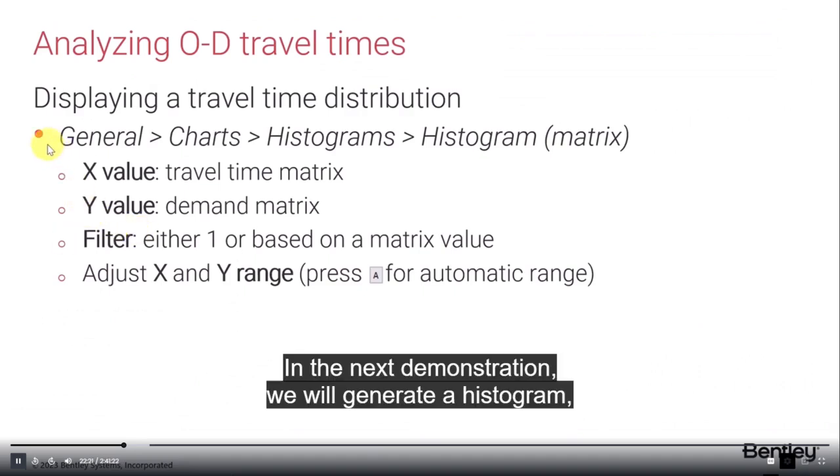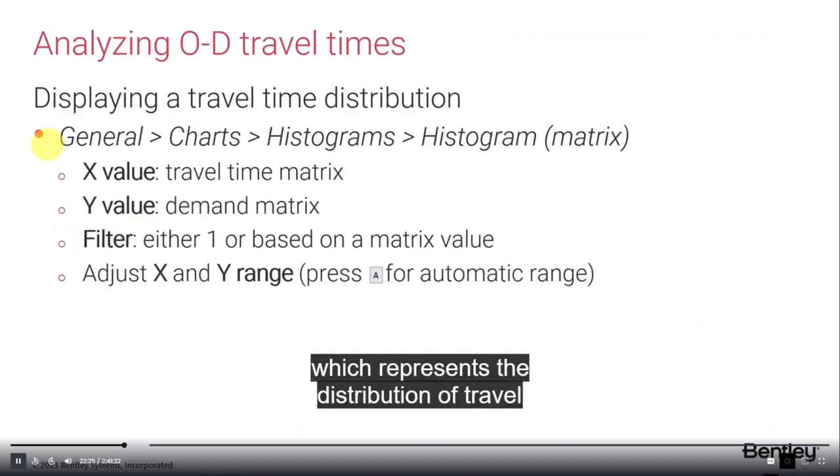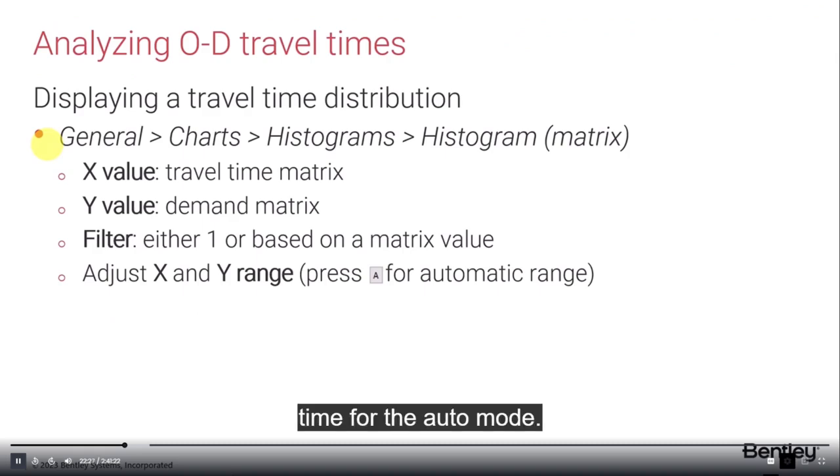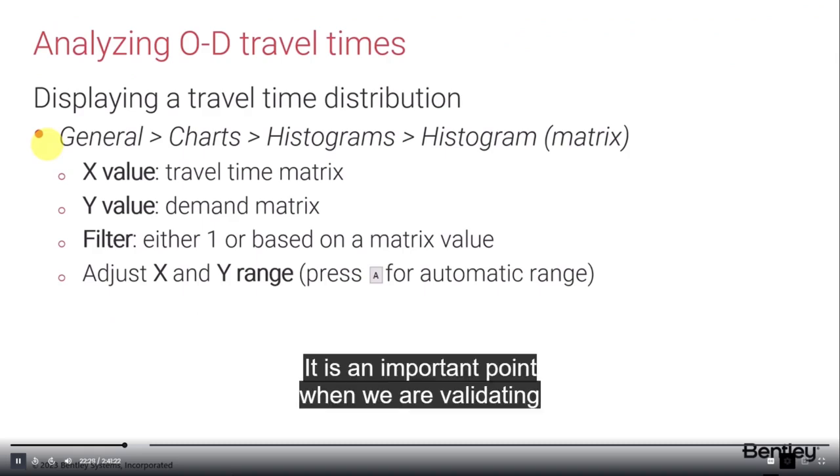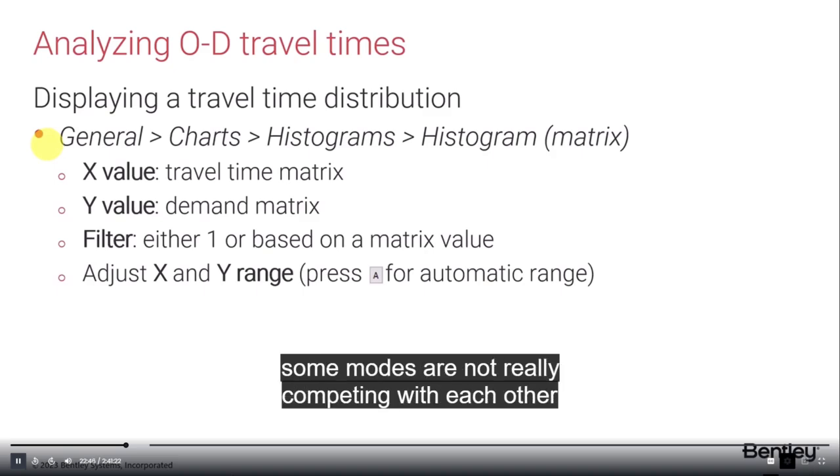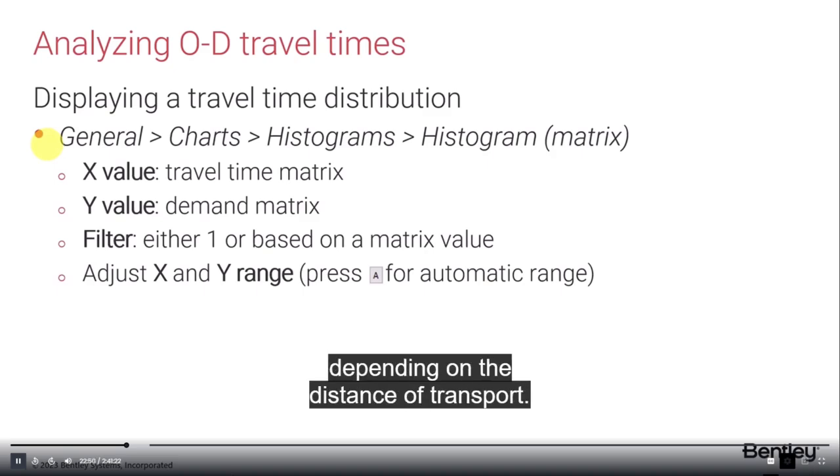In the next demonstration, we will generate a histogram which represents the distribution of travel time for the auto mode. It is an important point when we are validating that our model is giving useful results, because we know that in the market of transportation, in the market of mobility, some modes are not really competing with each other depending on the distance of transport.